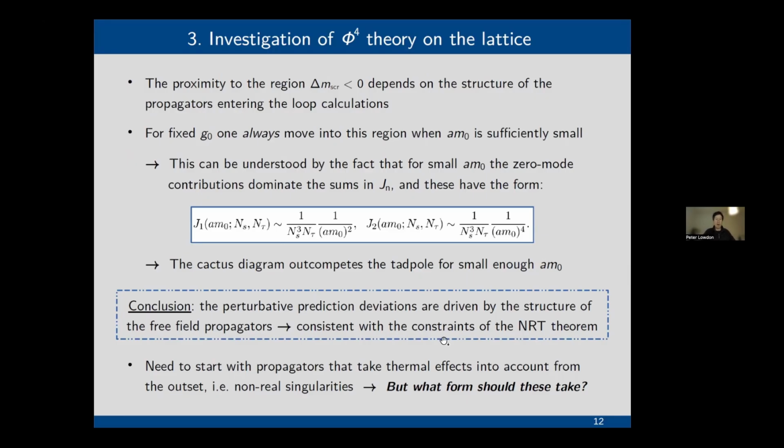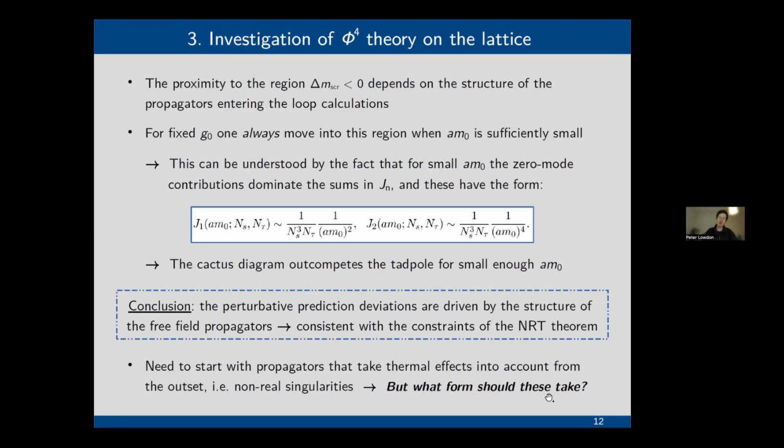So basically what that means is that if you want to do perturbation theory consistently, if you take these constraints seriously and you see the lattice deviations, you need to use propagators that don't have purely real singularities. They need to have some complex part in their singularity structure. And of course, the million-dollar question in a way is, what form should these take?